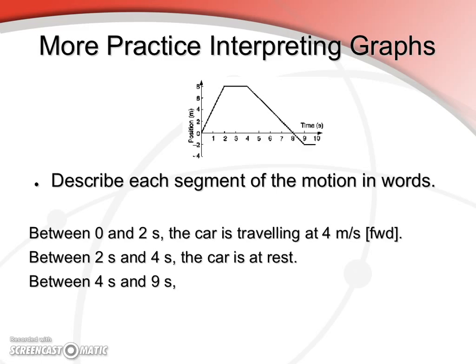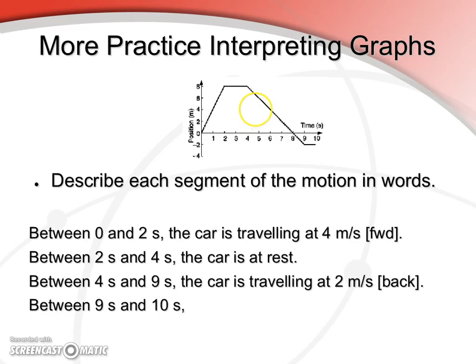We can extract that slope pretty simply and get the car moving backwards at 2 meters per second. Finally, the segment between 9 and 10 seconds. Again, the slope is 0. The car is at rest.